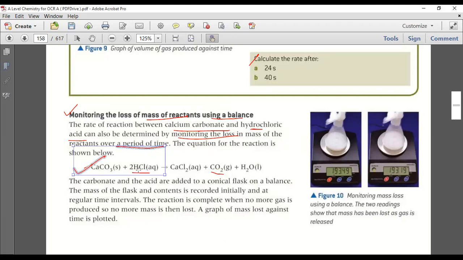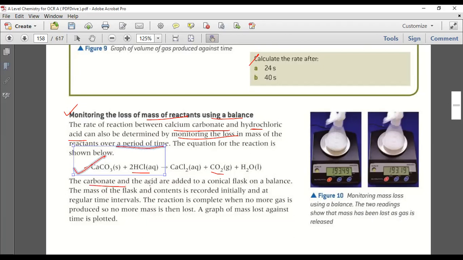The more reactant is consumed, the more product is formed, right? It is like sugar: the more you dissolve, the sweeter it gets. The same thing, the more reactant is consumed, the more product is formed. Or the more the loss of mass of reactant, the more product is formed. Clear? Got it?